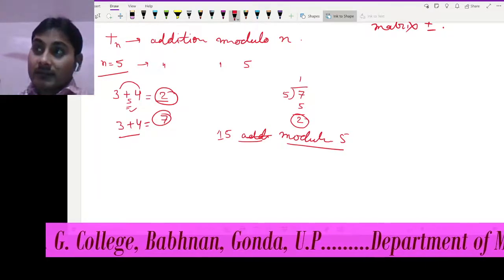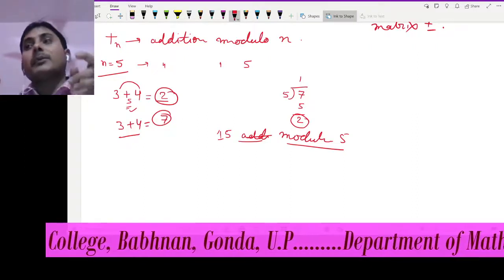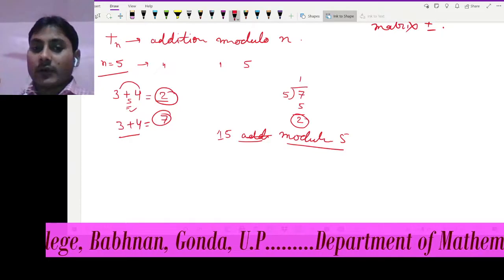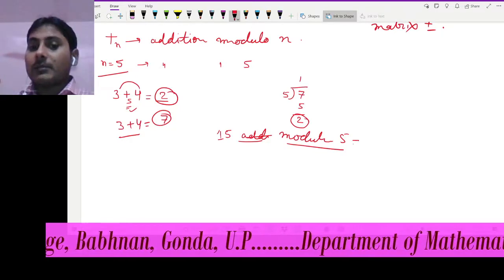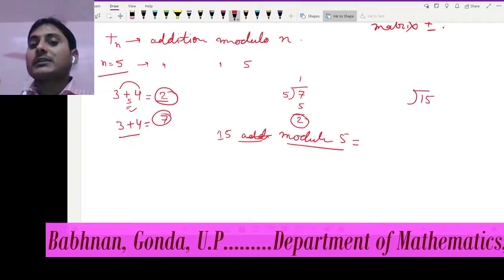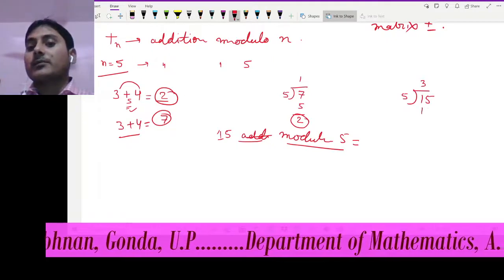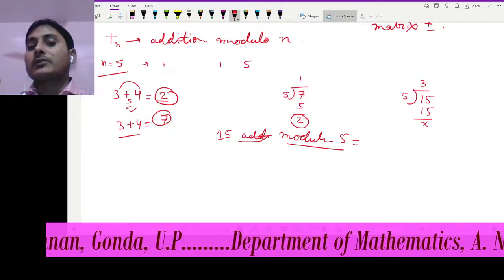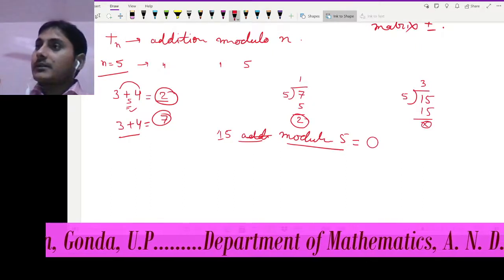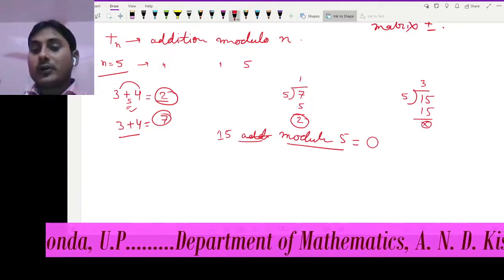It is nothing but the remainder when 15 is divided by 5. So once you divide 15, 3 fives are 15, you will get remainder 0. So it will be 0. So 15 is equal to 0 under modulo 5.